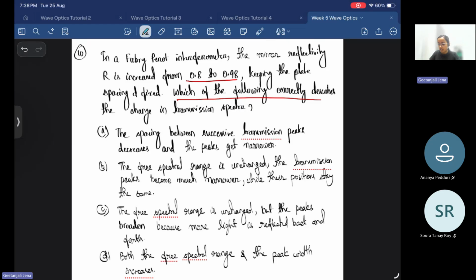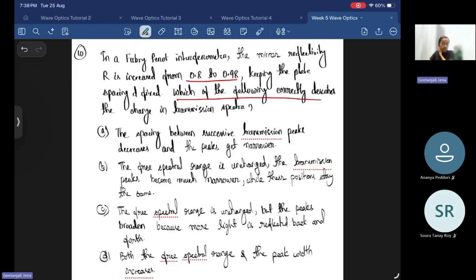Option B, the free spectral range is unchanged and the transmission peaks become much narrower while their positions stay the same. Option C, the free spectral range is unchanged, but the peaks broaden because more light is reflected back and forth. Option D, both the free spectral range and the peak width increase.